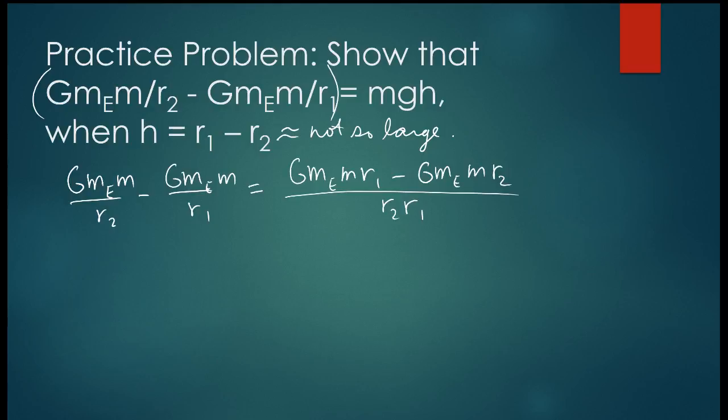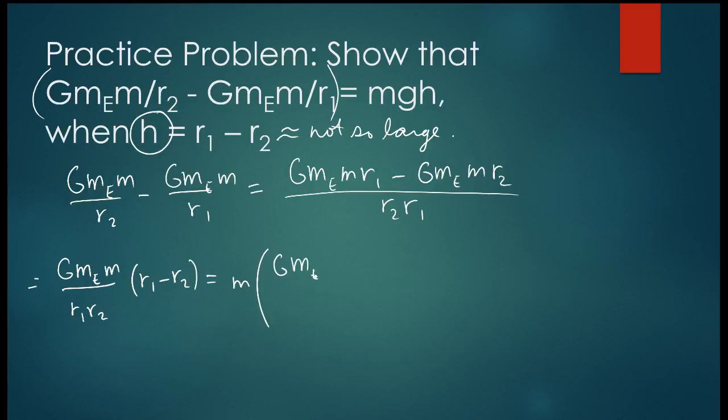Okay? Now, we can actually factor that out. So we can write G Me m over r1 r2 times r1 minus r2. And r1 minus r2 is h. Okay? So we're going to pull out an m, and then we're going to write G mass of the Earth over r1 r2. And then we're going to have r1 minus r2.